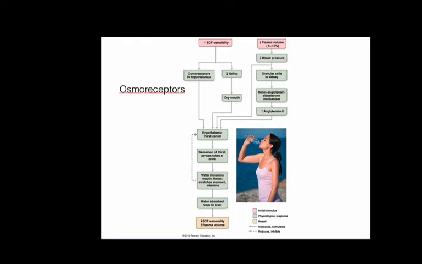Interestingly, the body doesn't do it directly. The nervous system doesn't sense sodium directly through chemoreceptors specific for sodium. Rather, at least in the hypothalamus, it uses receptors called osmoreceptors that are sensitive to the concentration of fluids. And of course, because sodium is the most important one, it's largely responsible for the kinds of responses that the brain is going to do.